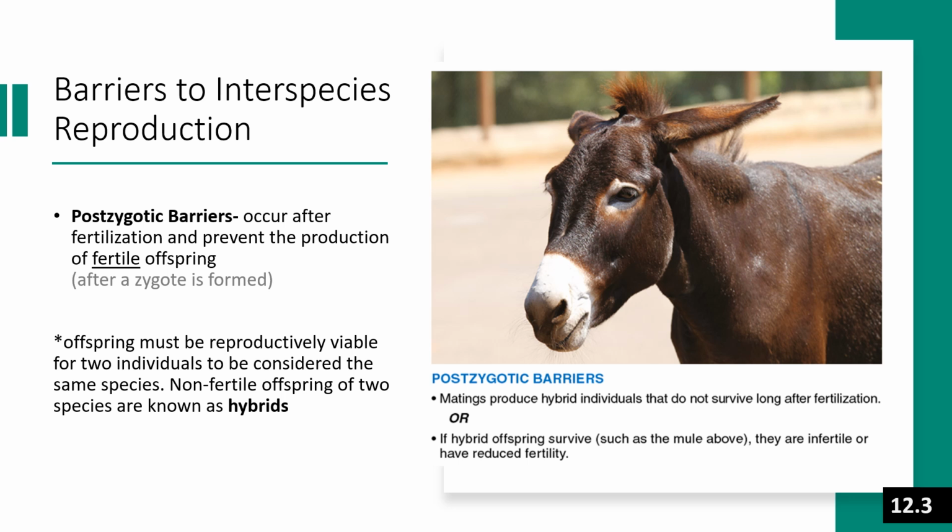Mules are produced by crossing a horse and a donkey, which are two different species. The horse and the donkey can produce this hybrid offspring, but the mule can't reproduce. And remember, producing viable offspring was part of our definition of a species. So because mules are infertile, we consider horses and donkeys different species.